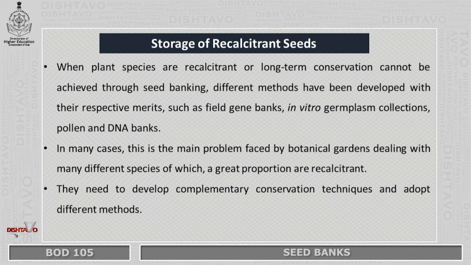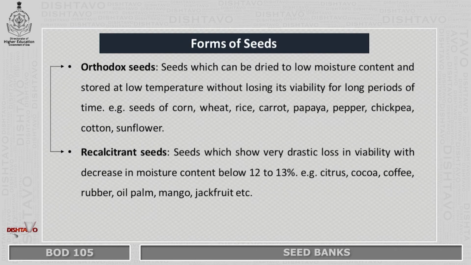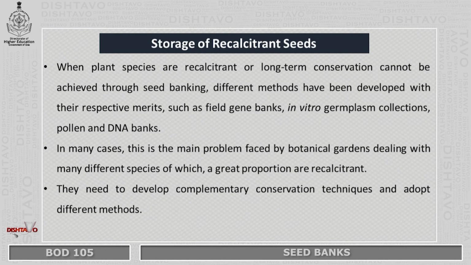For recalcitrant species, long-term conservation cannot be achieved through seed banking, because they show very drastic loss in viability with decrease in moisture content, and because of this they cannot be stored with the help of seed banks.